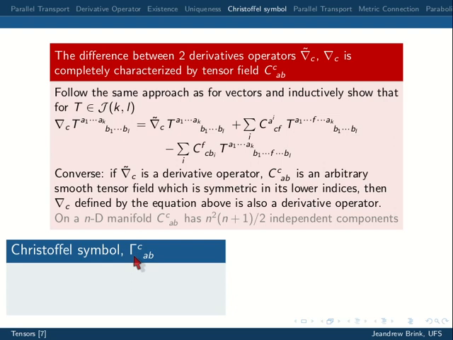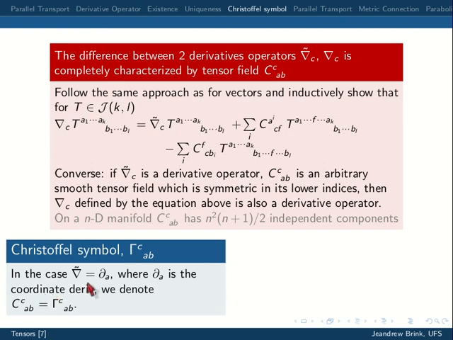What these Christoffel symbols are is, in the special case with the one derivative operator we know so far how to compute easily, in other words, the case where you take the tensor and you just take the derivatives of the components of the tensor as expressed on the chart, so this is the coordinate derivative operator, then the gammas associated with that, in other words, that connect any other derivative operator with that specific one, instead of C, we call them gamma, and we call them a coordinate system.